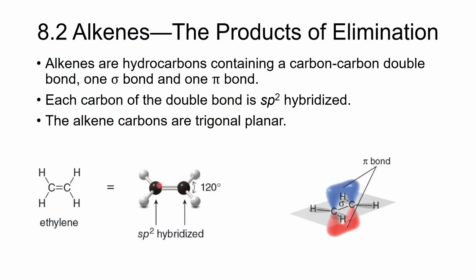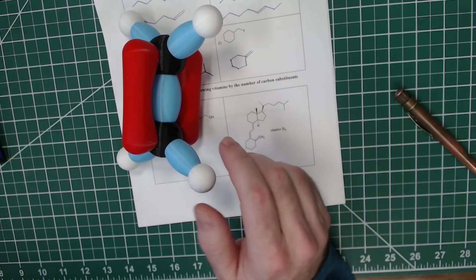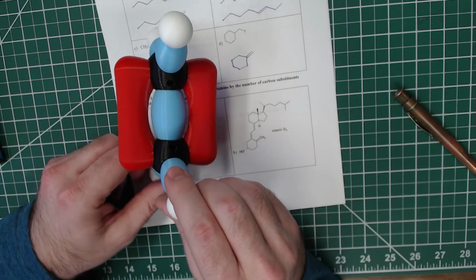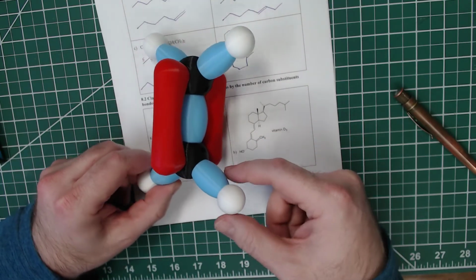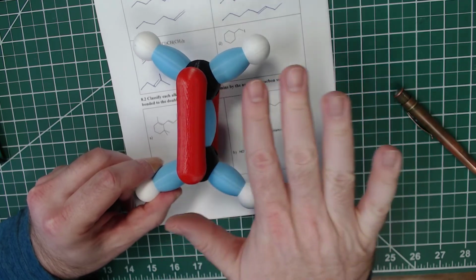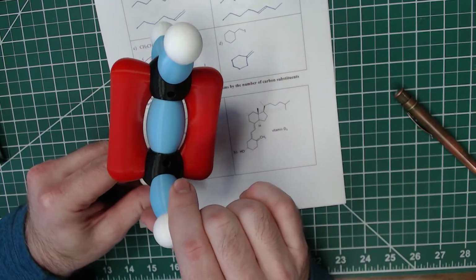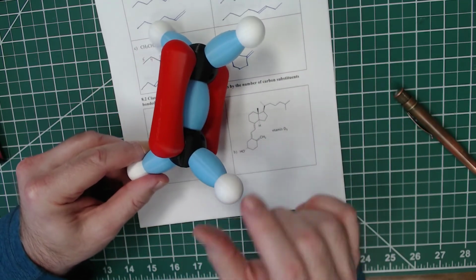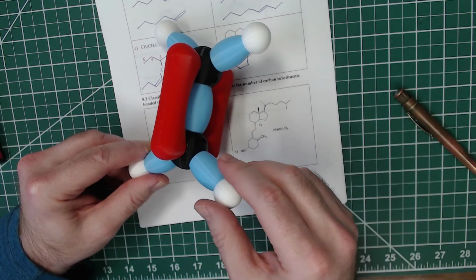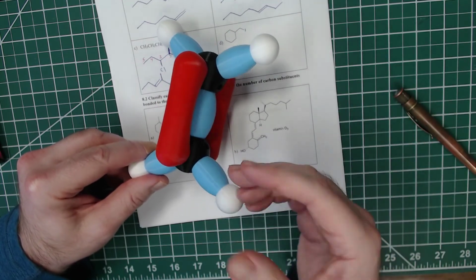Okay, and then here is a diagram. As I mentioned, all 6 of the atoms, and we'll go back to the model, we'll see that all 6 of the atoms here are coplanar. So both of the carbons and all 4 of the hydrogens are in the same plane.